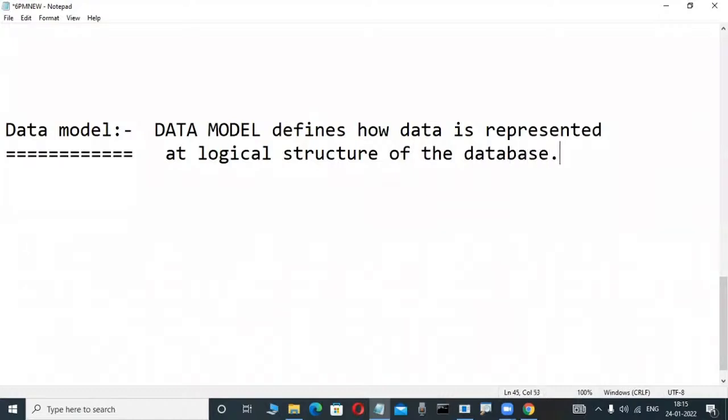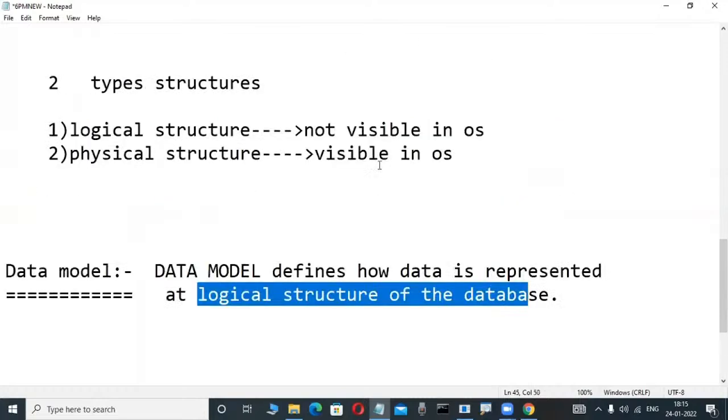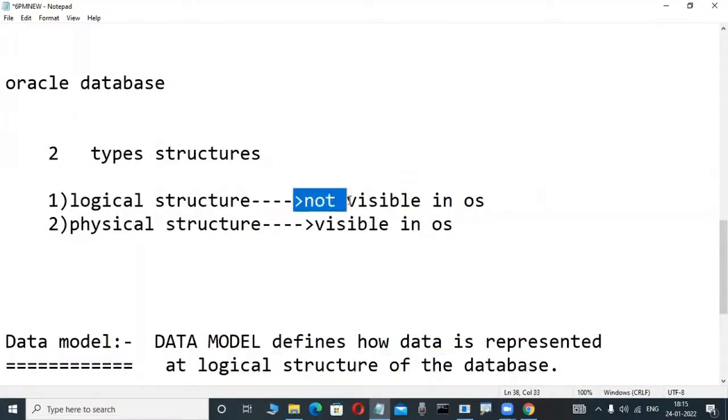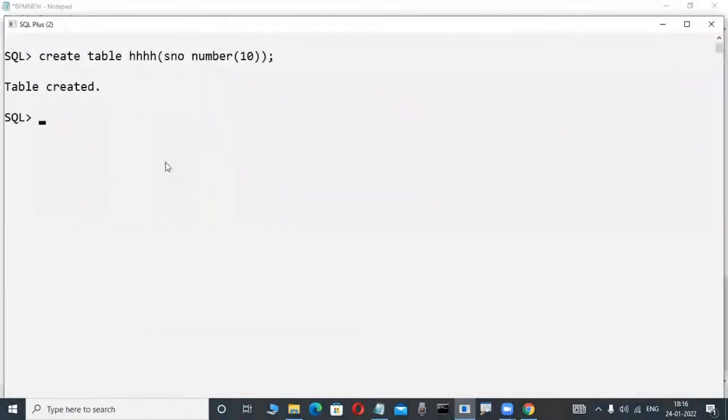And now check it out. Observe it here. What is a logical structure? In the previous classes I told you, a structure which is not visible in the operating system is called a logical structure. If you are creating a table, that is not visible in the operating system, but that structure is visible in the database. Very good. Now in this database, how data is represented is specified in the format of records, and these collections of records are in matrix format.